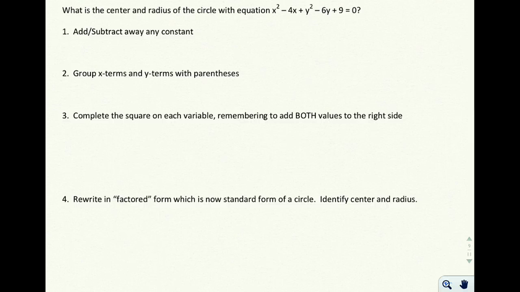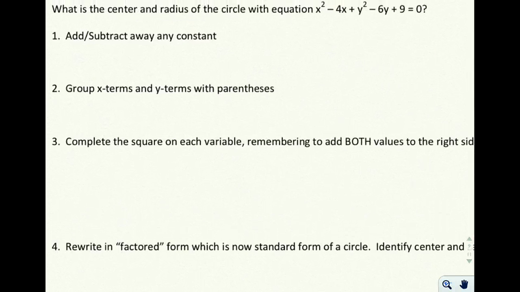Now we're going to jump straight into using two different variables, both an x and a y, while completing the square. First step, as we had above, is to add or subtract away the constant.